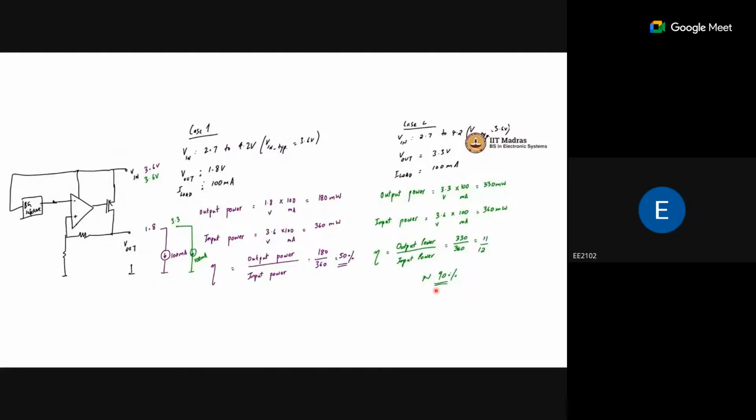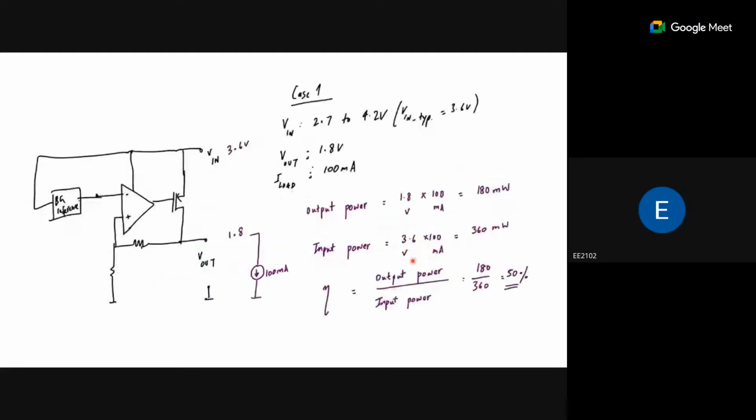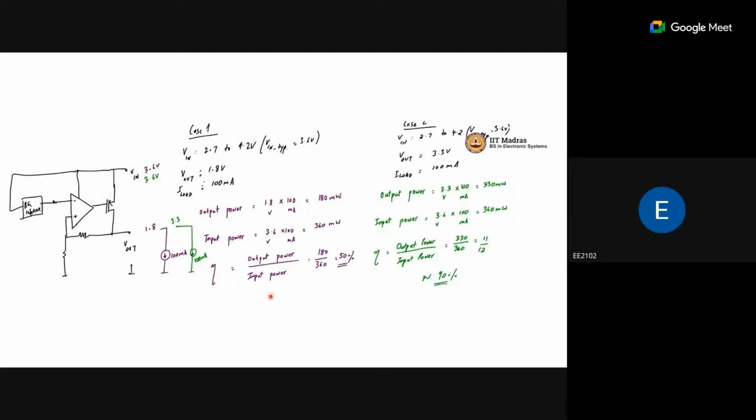If we consider the other case, where it acts as a current source of 100 milliampere, and the expected output is 3.3 volt instead of 1.8, then the output power will be 330 milliwatt, because our expected output is 3.3 volt, and the input power is 360 milliwatt.